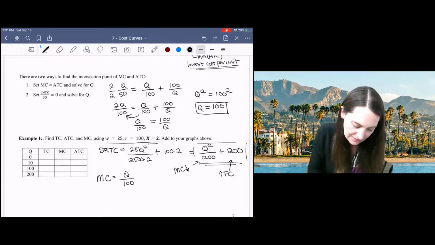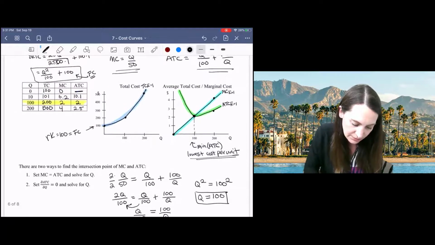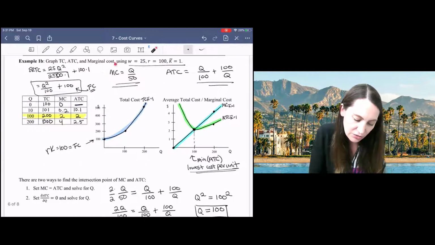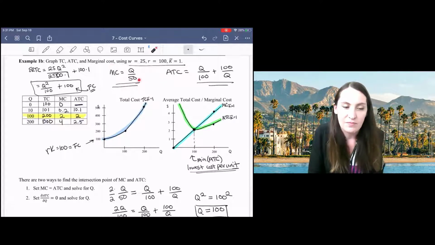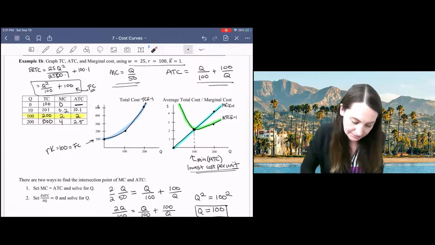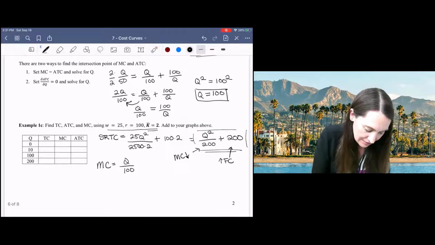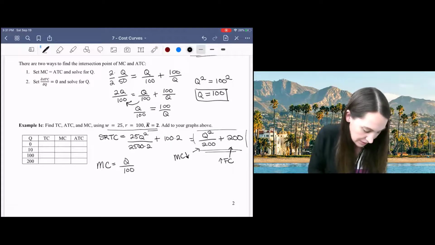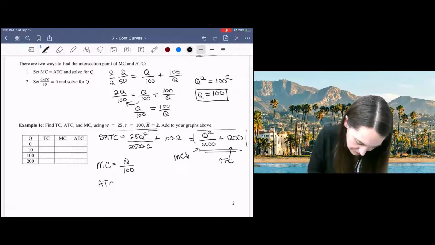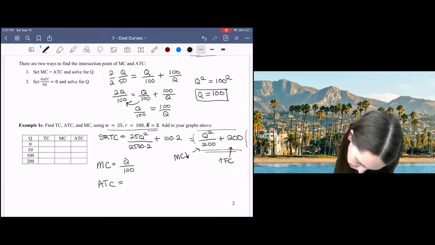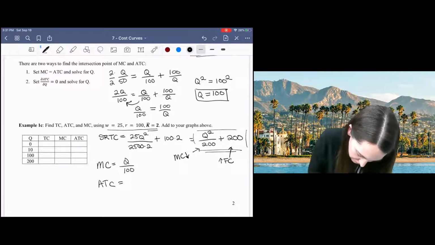And again, comparing that to our old marginal cost equation, Q over 50, you've got a flatter slope. And then for our average total cost, we would just divide the short-term total cost equation by Q. So I get Q over 200 plus 200 over Q.